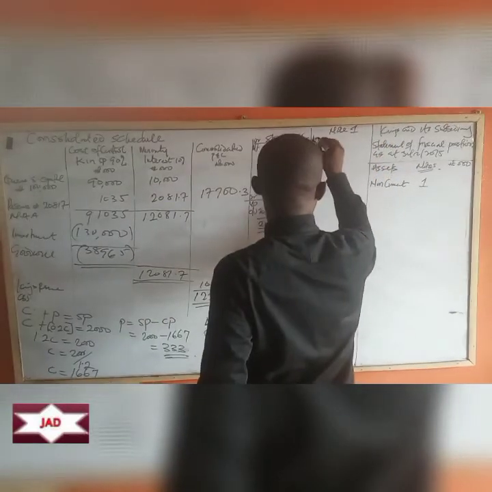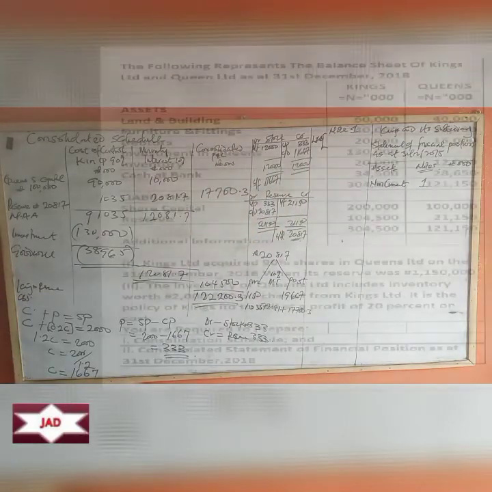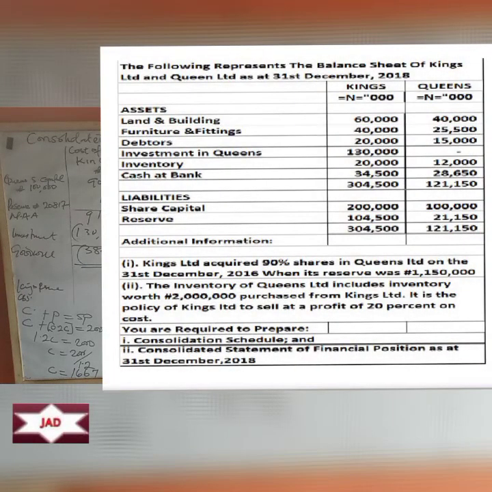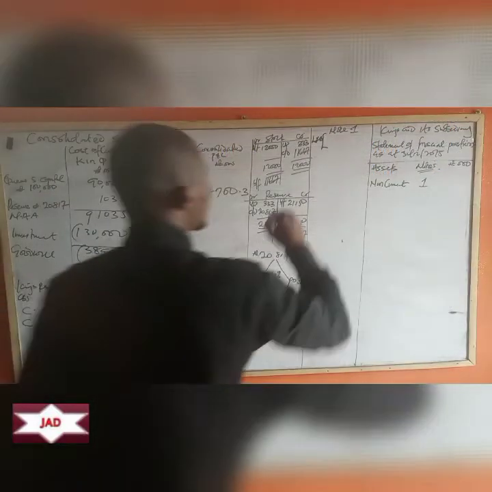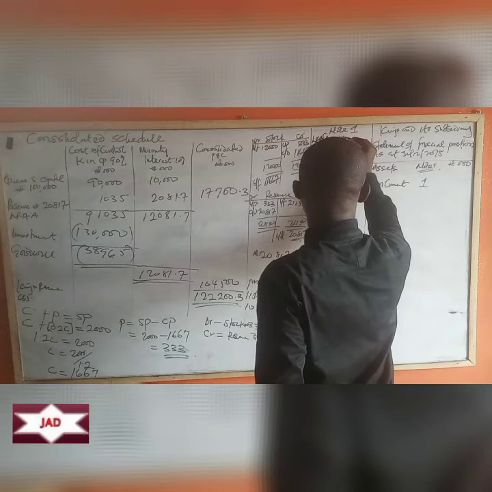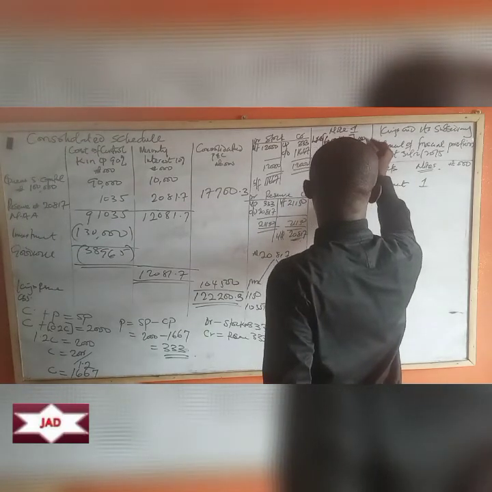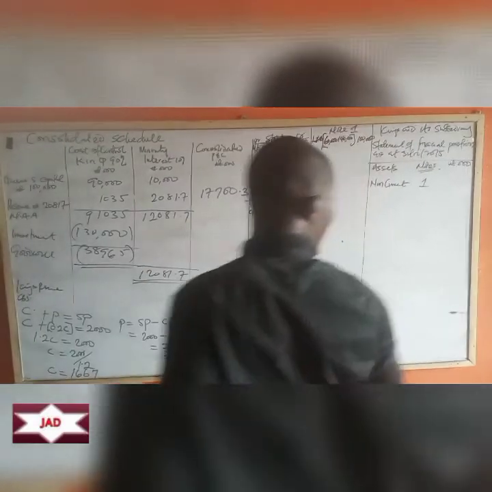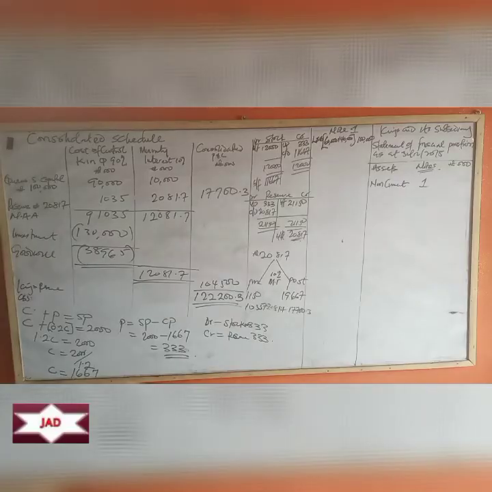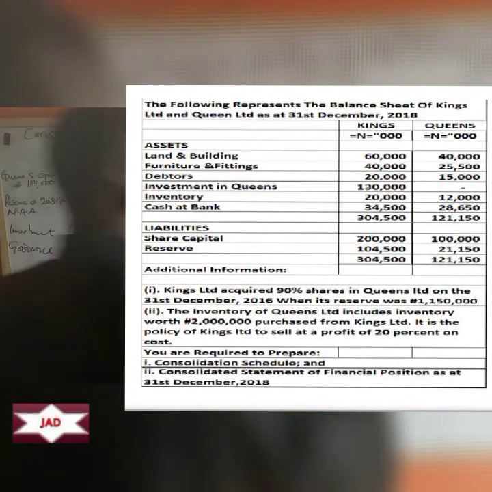So we have land and buildings. What do we have there? Holding company is 60,000, subsidiary is 40,000. So we have 60,000 plus 40,000. So what do you have? 100,000. Okay, the next one is furniture and fittings.